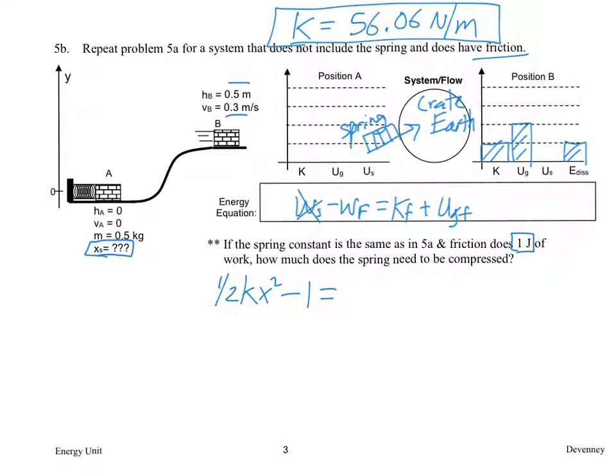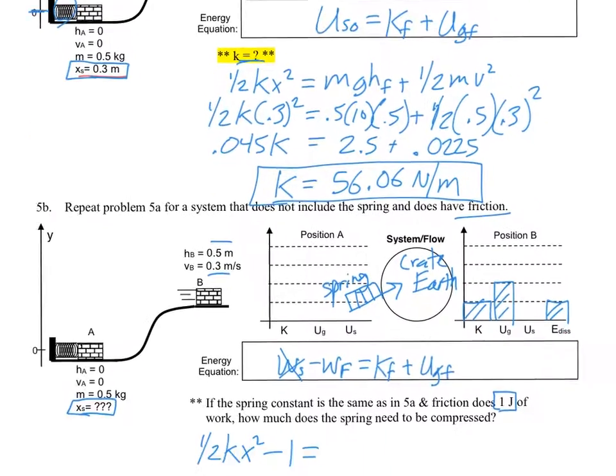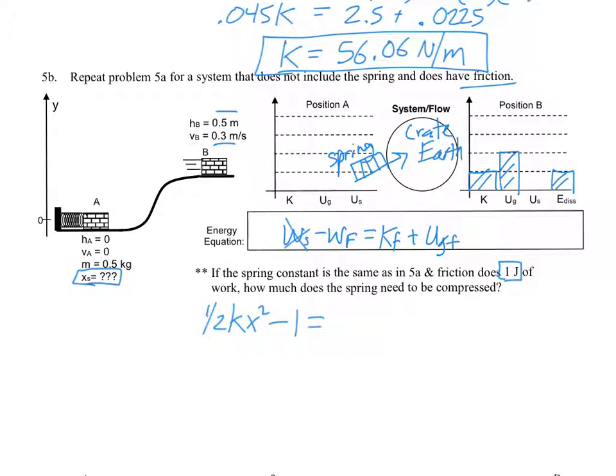The kinetic energy, well, before up here, it was moving at 0.3 meters per second, and it was a mass of 0.5, and we found that it had 0.0225 joules of kinetic energy, and at that height it was 2.5 joules of gravitational. So we really don't need to calculate that out again. We can just continue to use those numbers.